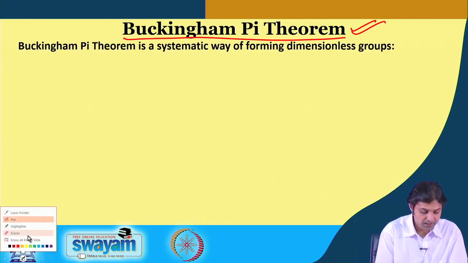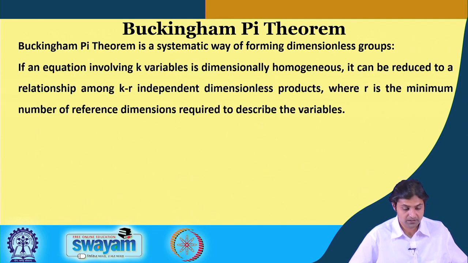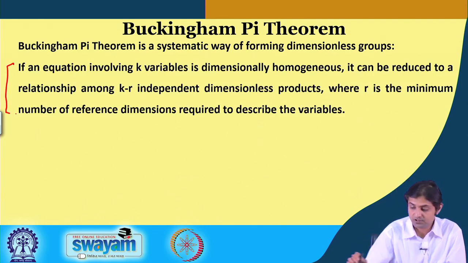So, Buckingham Pi theorem is actually a very systematic way of forming dimensionless groups, very systematic way. So, if you follow those steps carefully, you will always be able to solve any problems related to dimensional analysis. So, what does the theorem say?